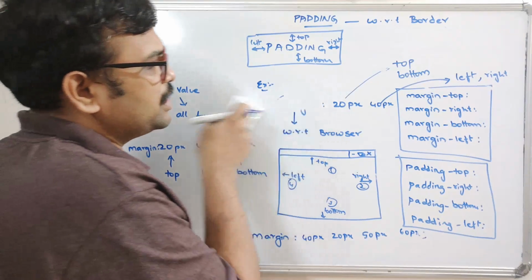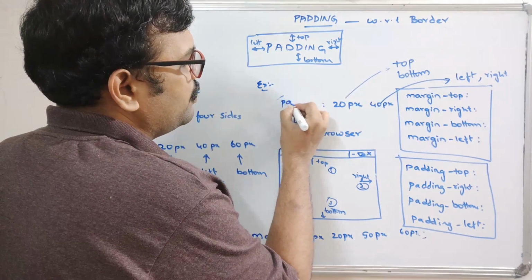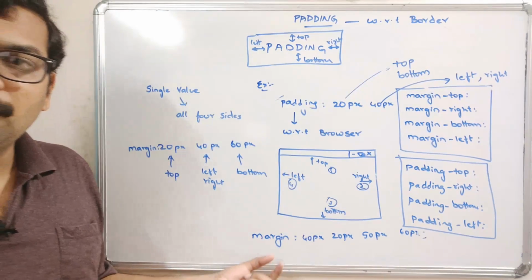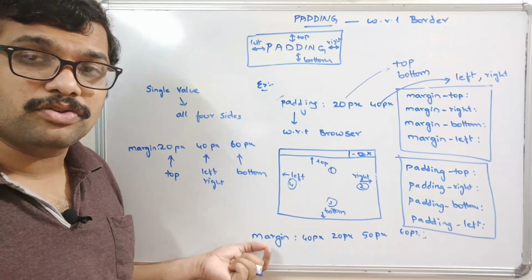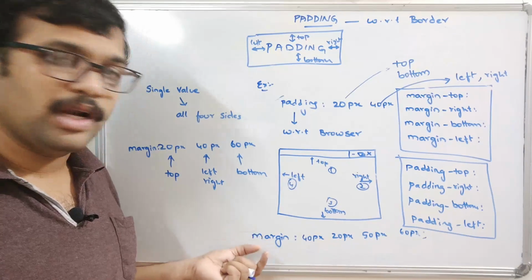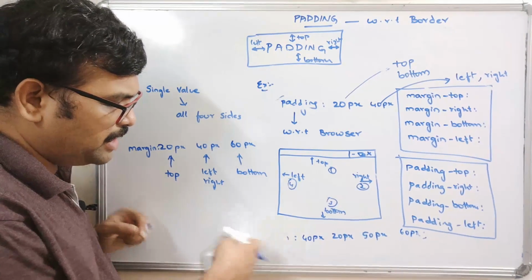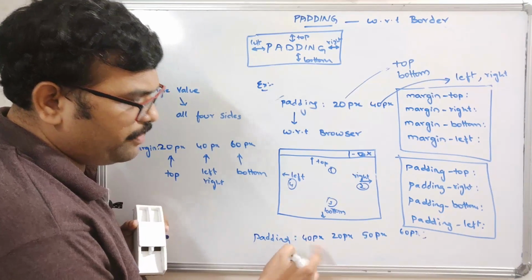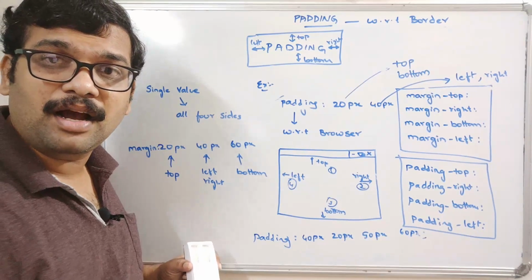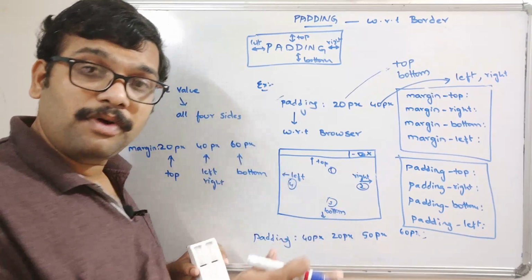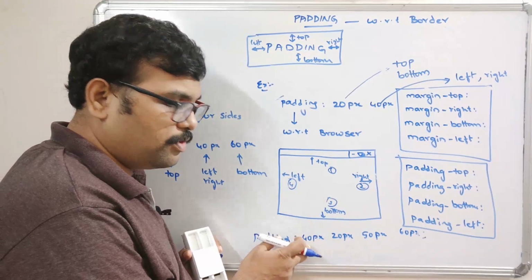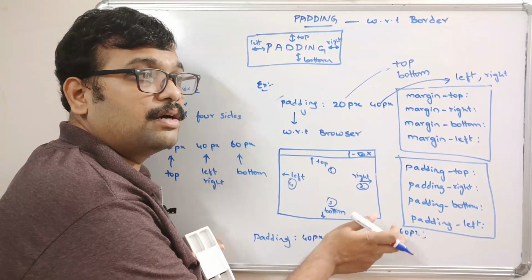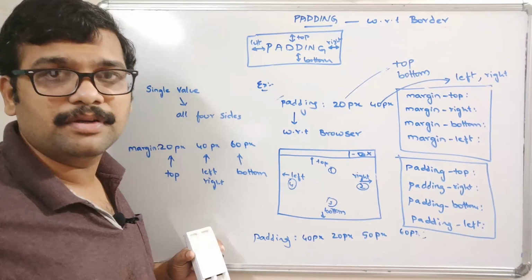So instead of using the word margin, we have to use the word padding. Similar to margin, padding also has the shorthand property. We have to give the 4 values in order: the first one is the top, the second one is the right, the third one is the bottom, and the fourth one is the left.